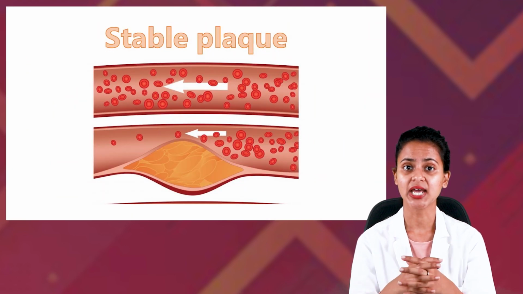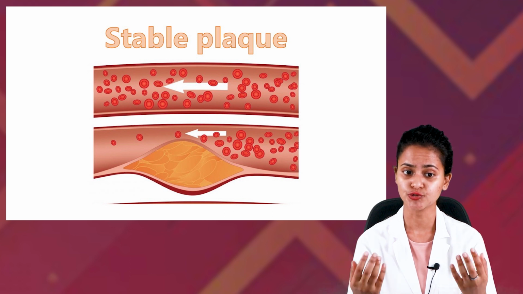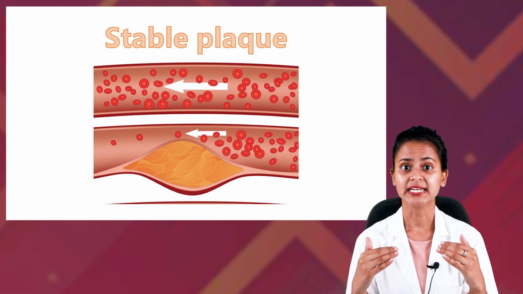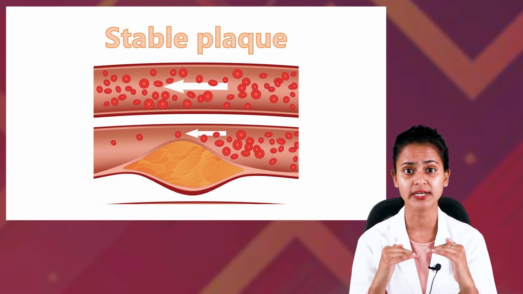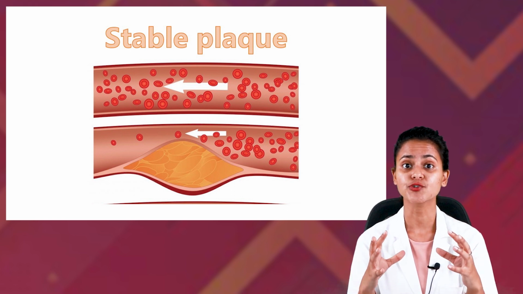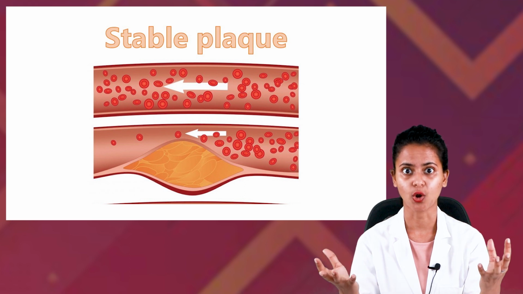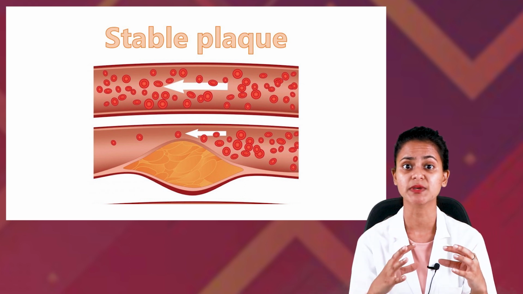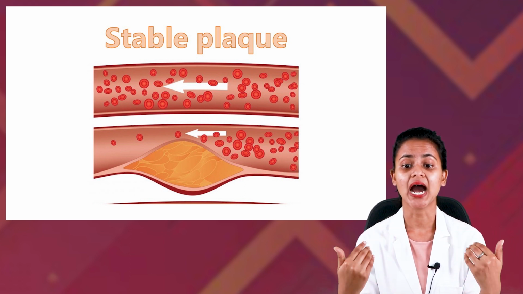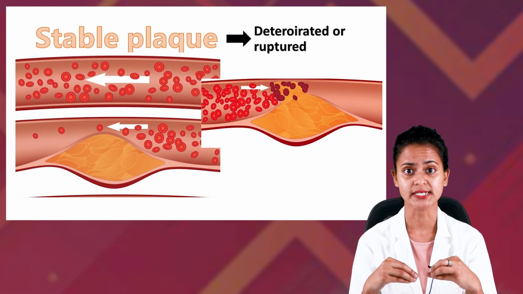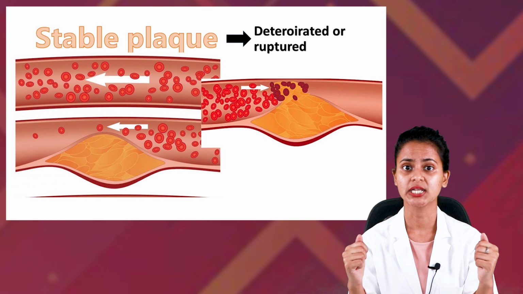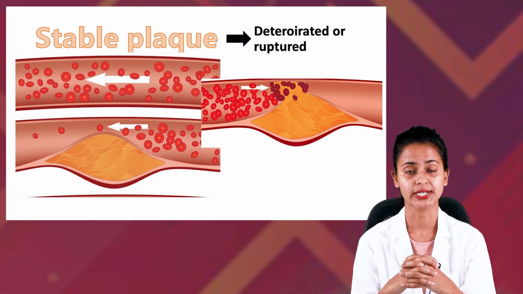When we call the condition acute coronary syndrome, it indicates a condition where the stable plaque present in the coronary artery has deteriorated because of some underlying pathological condition.